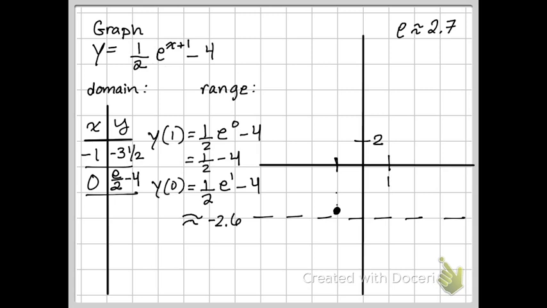Graphing that point, 0 and -2.6, I'm going to be up here somewhere. And there's my 2 points and my asymptote. Get through those points and approach the asymptote. I don't love that I don't know what the x-intercept is, and my graph is making it look like it could be 1.